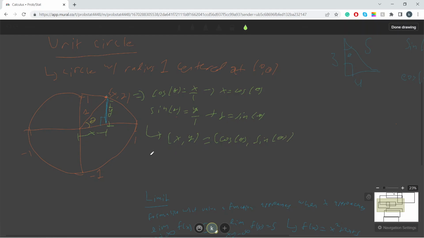And what else can we conclude? Well, we know that y is the opposite side and x is the adjacent side. So we can conclude that tangent of theta equals y over x. And remembering that y is sine theta and x is cosine theta, this leads us to a fundamental fact about tangent. Tangent really can be expressed in terms of the sine and cosine functions as such.